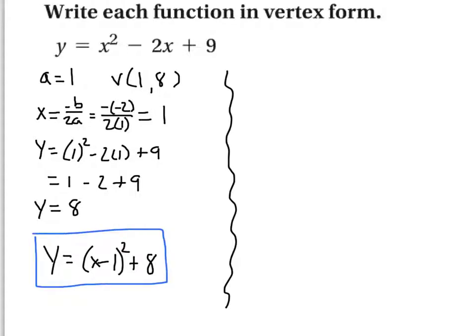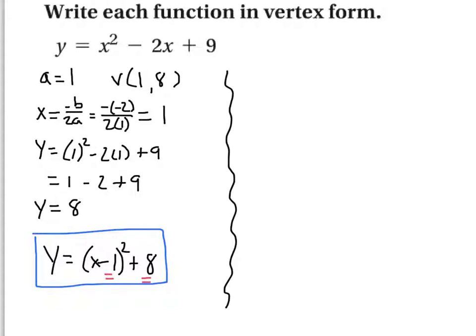Vertex form showing that our vertex is at 1, 8. Okay? Questions on doing that? That is one method you can use. It will always work. It is super nice to know.